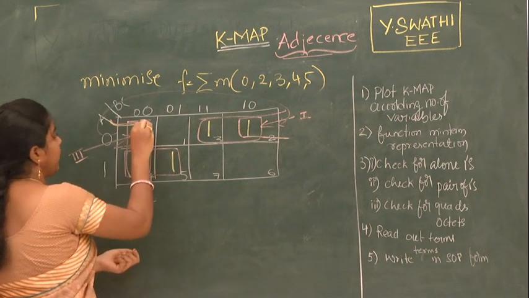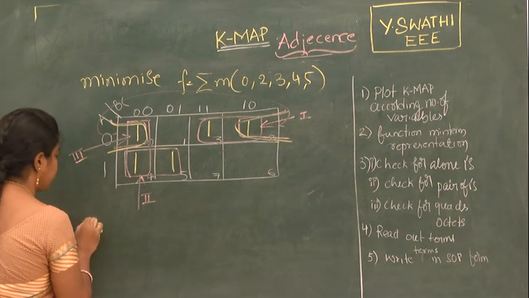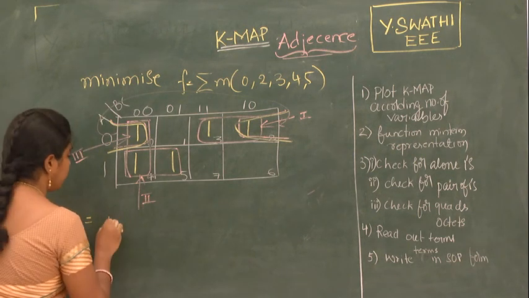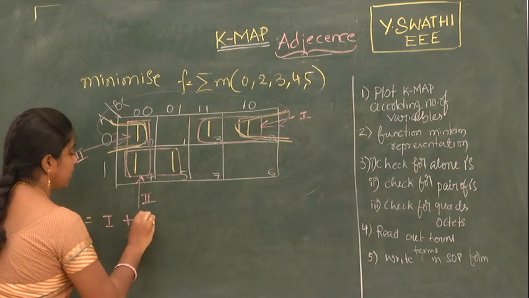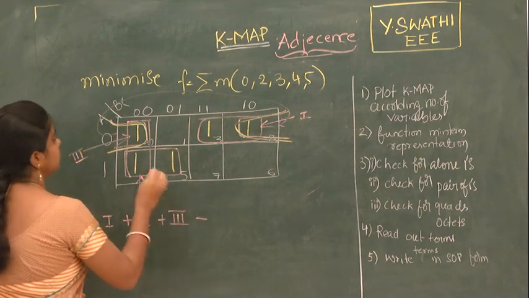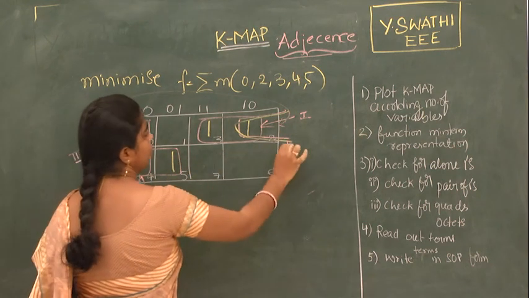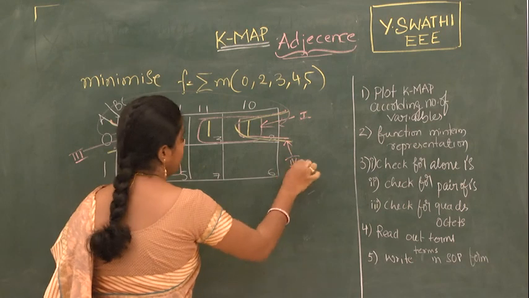Now we write out the terms. The minimized expression is nothing but 1 plus 2 plus 3 plus, let's take this rollover combination as 4.